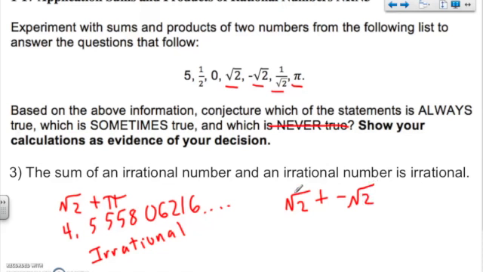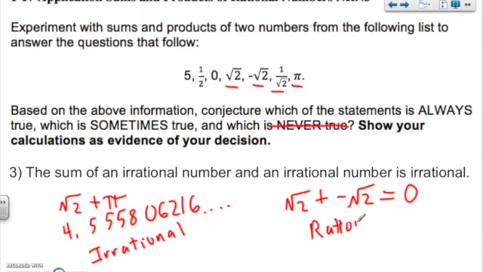So we have a number and its opposite added together. Now, if we think back to that property, the additive inverse, this should come out to be 0, but if you want to be sure, type it into your calculator, the square root of 2 minus the square root of 2, and you will find that it is indeed 0. As we said before, 0 is a rational number.